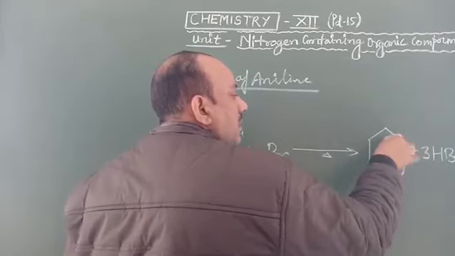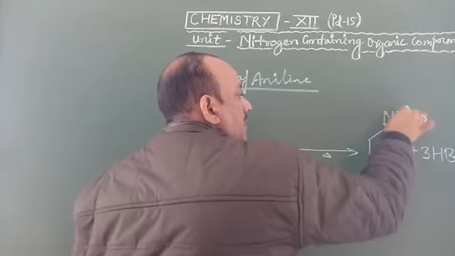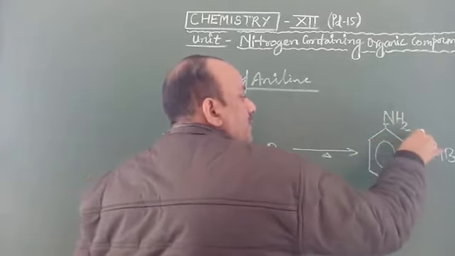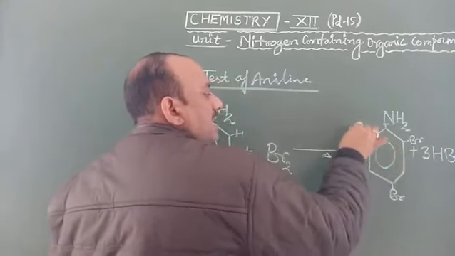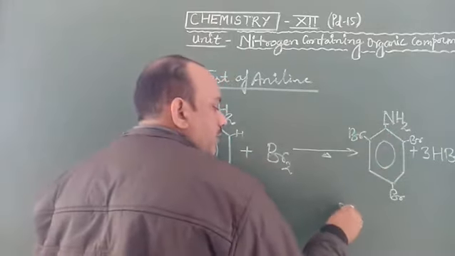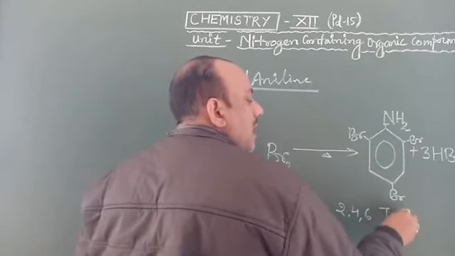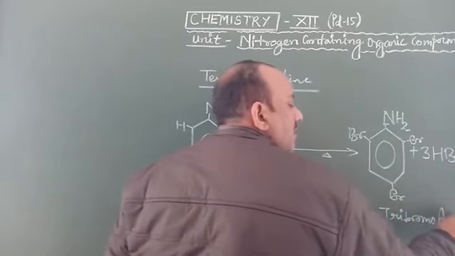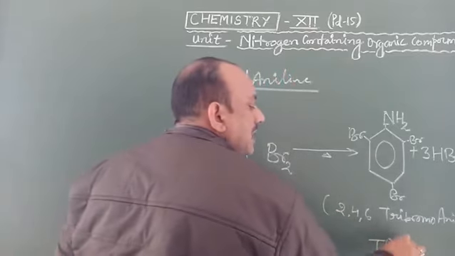The product is named TBA. The number 2 position, number 4 position, and number 6 position add bromine. So its correct name is 2,4,6-tribromoaniline, and simply it is known as TBA.